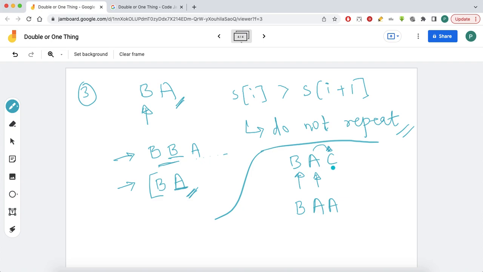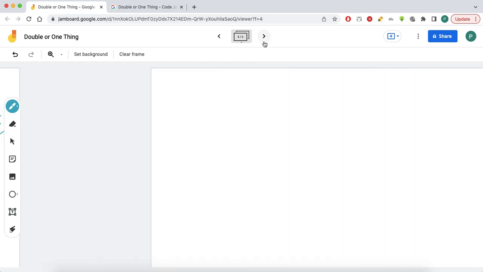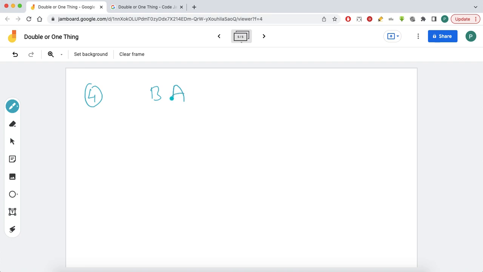And we are here, at the last character. For this, observation number 4 comes into the picture. Let's say we have a string BA again. We know that B is greater than A, so we choose to not repeat it and keep it as it is.